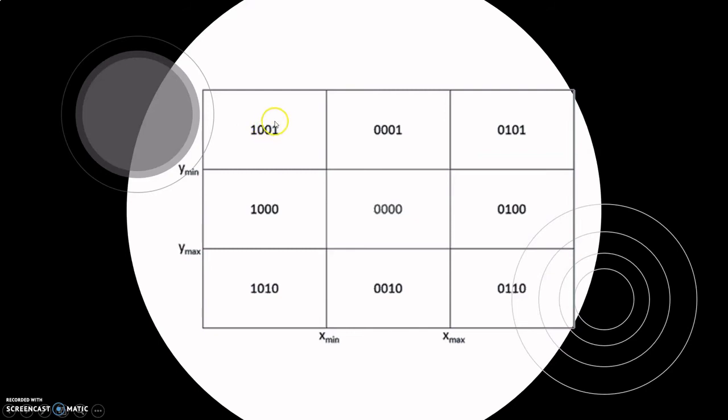It is above, so we set the bit as 1. Again, taking the second portion, here it is not on the left side, so 0. Right side 0. Below 0. Above only, so 1. Likewise, we can set the region codes of each region. Only the clip rectangle will have the 4-bit code as completely 0.